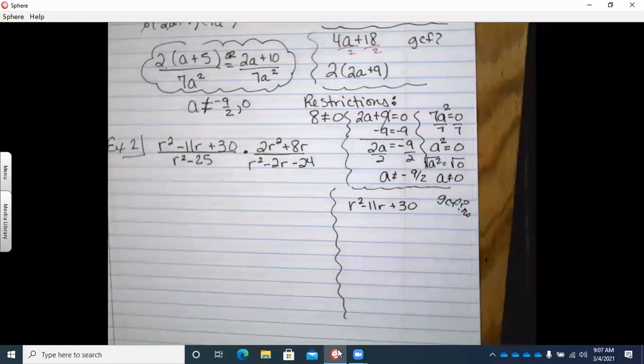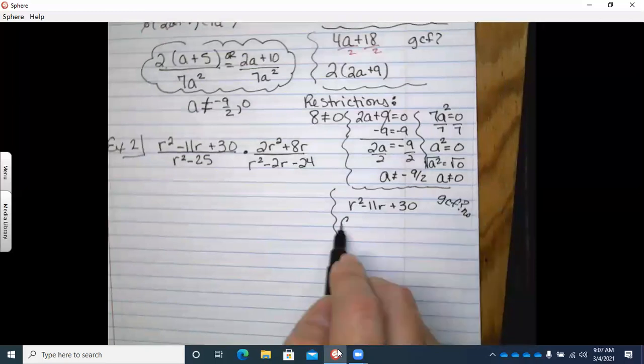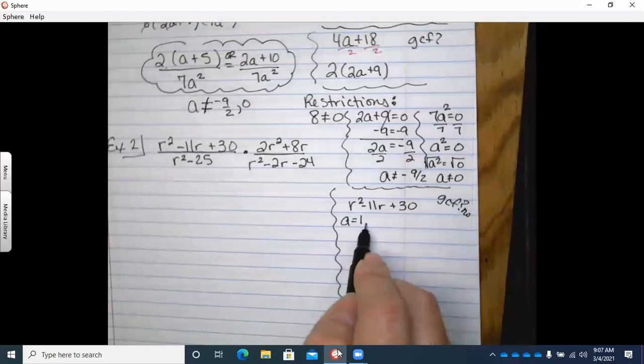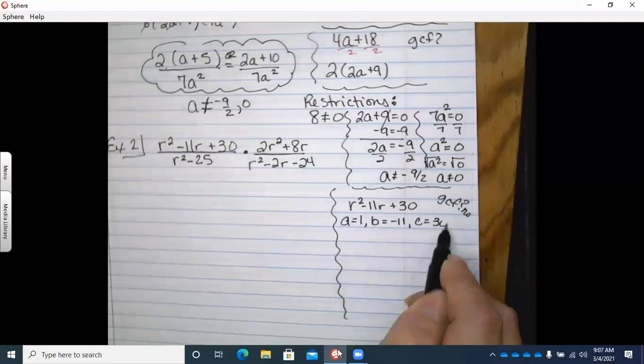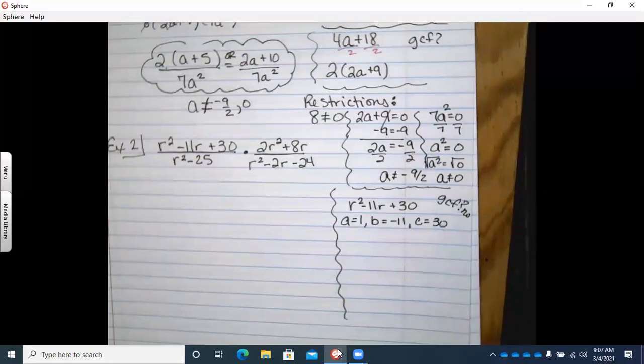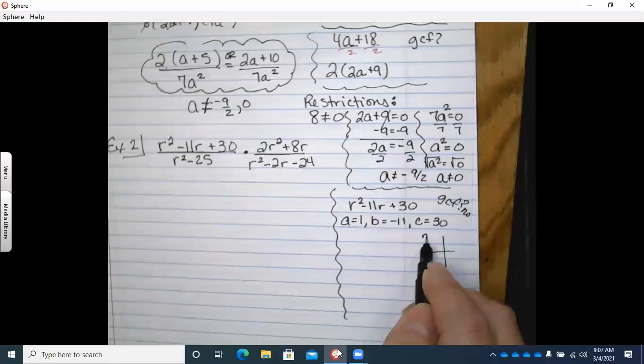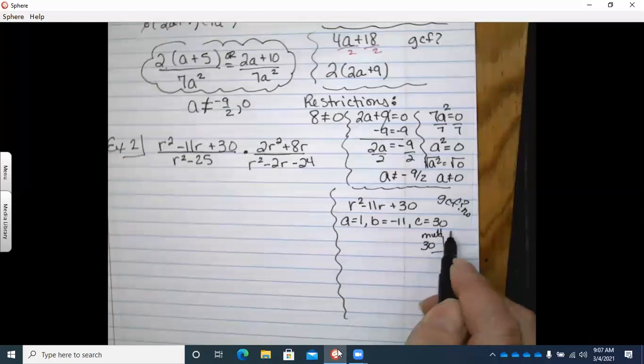Okay, well, what is A equal to? 1. What is B equal to? And what is C equal to? 30. So if it's factorable, we'll need 2 numbers that multiply together to give us AC, which in this case is positive 30, and add to give us B, which is negative 11.